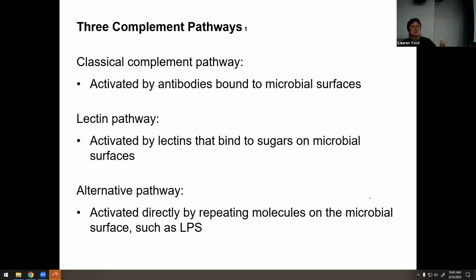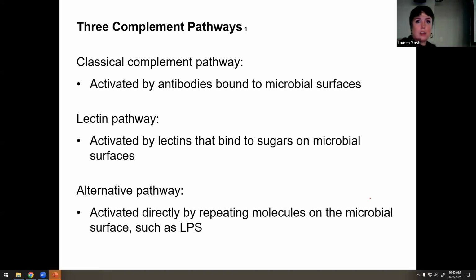The third pathway is the alternative pathway. This is usually repeating molecules on microbes, things like LPS and potentially peptidoglycan, which are similar to PAMPs. But remember, PAMPs are recognized by our white blood cells. In the alternative pathway, these are just proteins reacting and changing shape when they see these molecular structures.